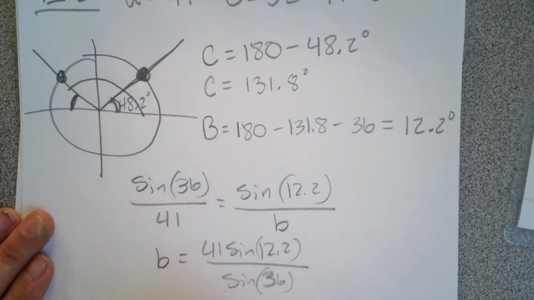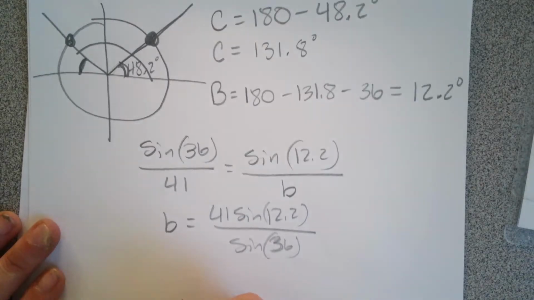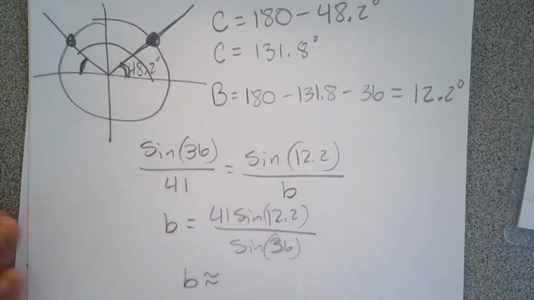Is that okay? You sure? Okay. So what is B approximately equal to? 14.74.